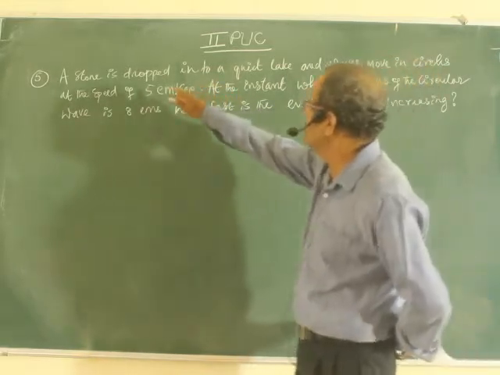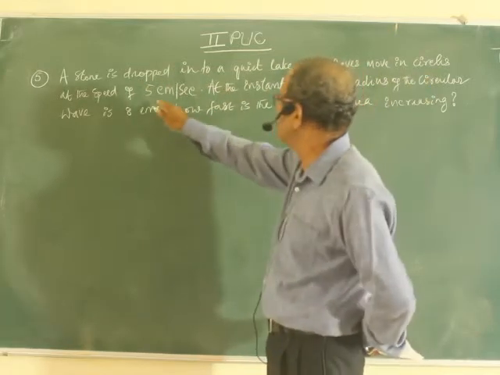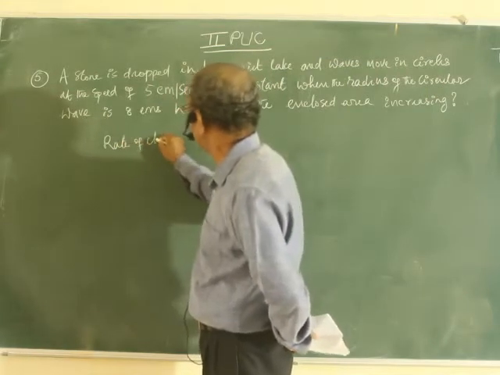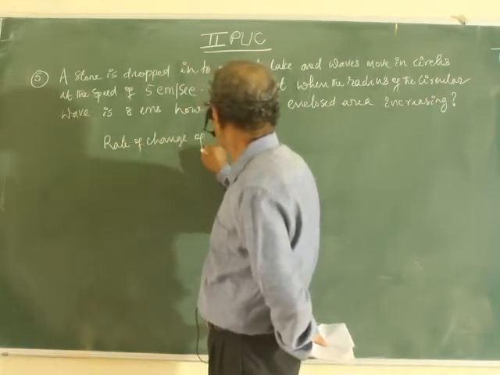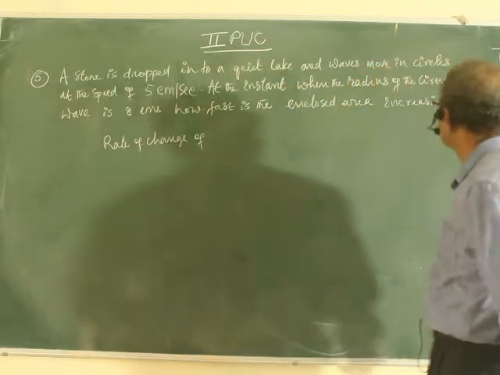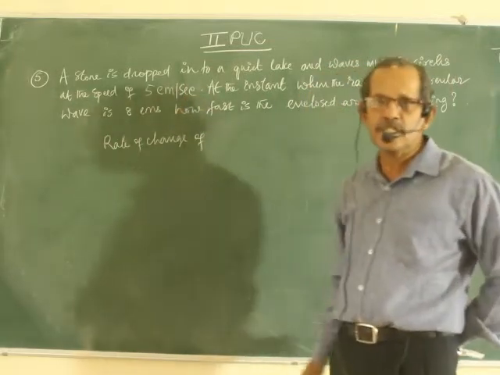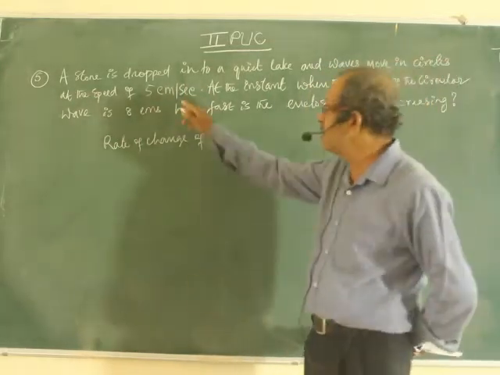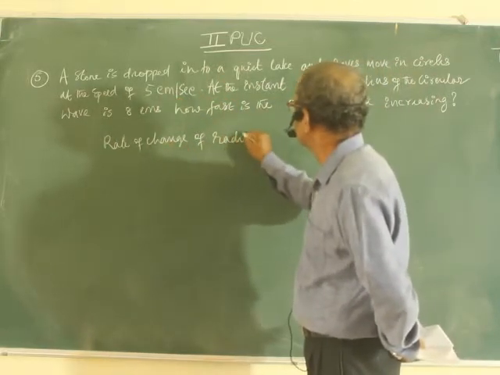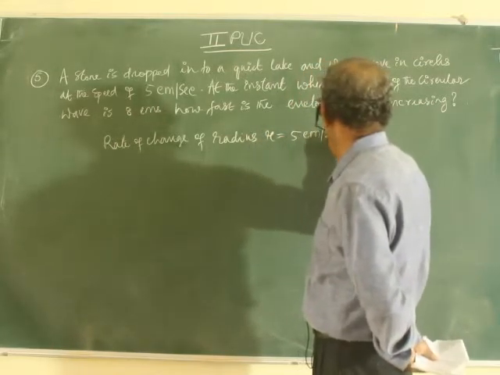So let me write one by one. Stone is dropped into the lake and waves are formed. Wave is moving at the rate of 5 centimeter per second. It is the radius. Speed means it is the rate of change of radius.